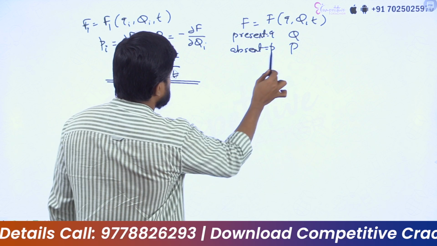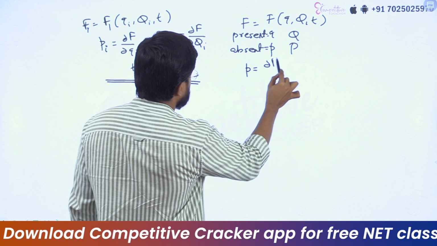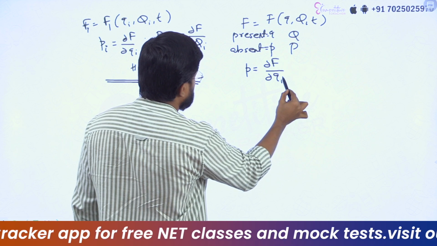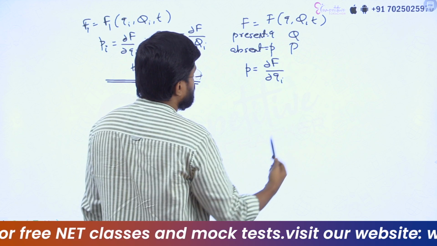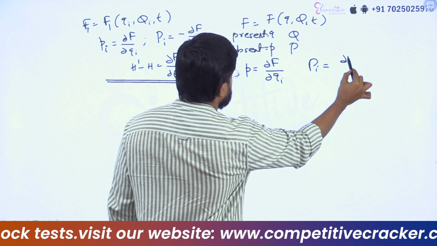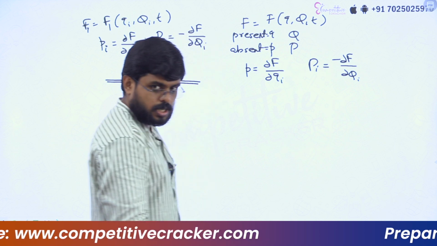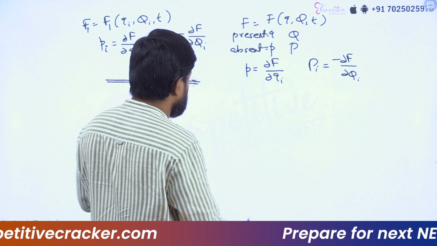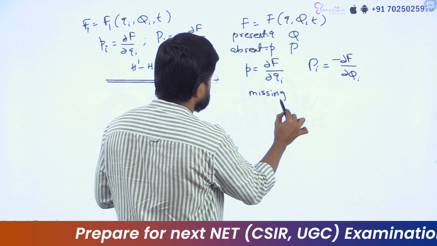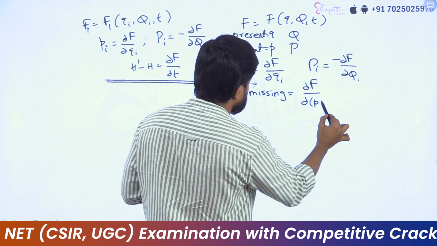We got capital P equals minus dou F by dou Qi, and pi is equal to dou F by dou qi. That means the missing term is equal to dou F by dou present.